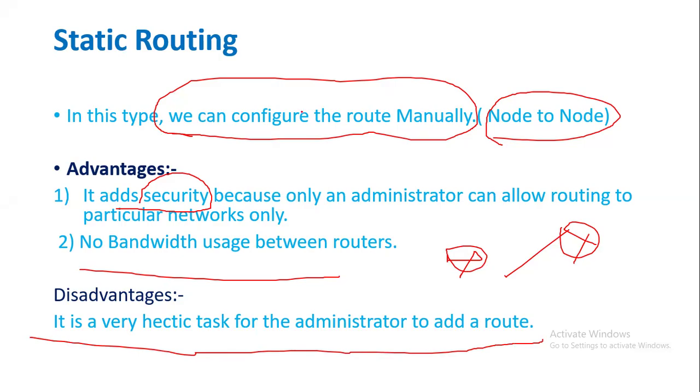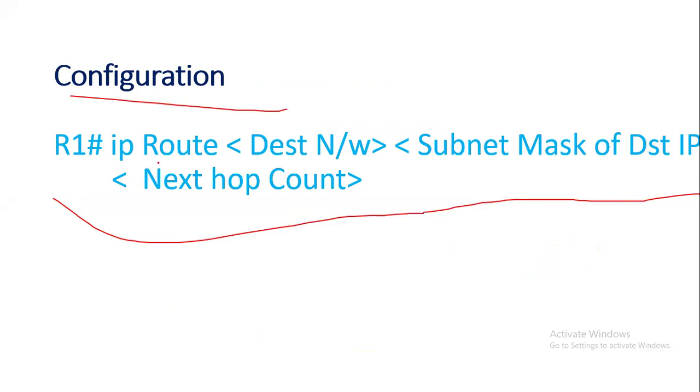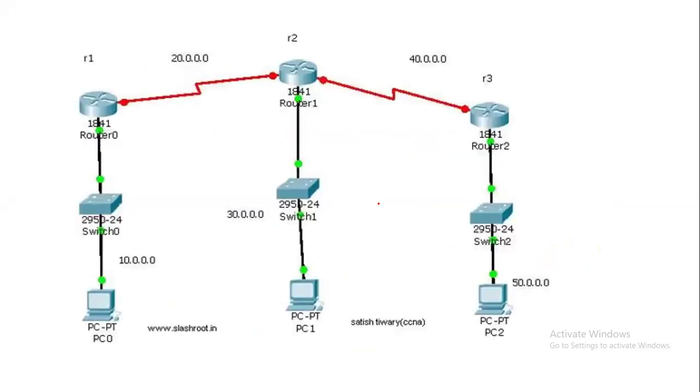Static routing will not be used for large networks because it involves so much manual work. The formula we use to configure a static route is: ip route, destination network, subnet mask of the destination network, and next hop. That is the formula of the static route.